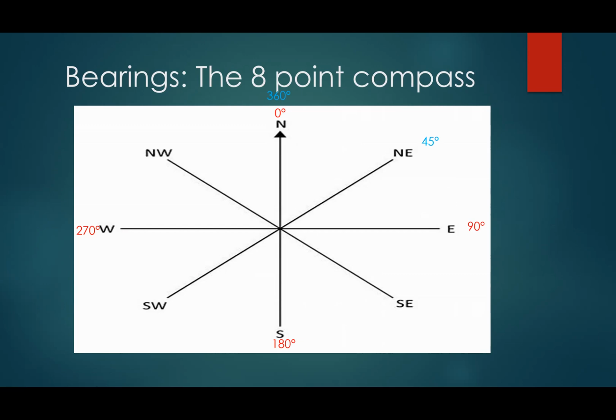So let's go over that again. From north to northeast is 45 degrees. And so for the 8-point compass, we are adding in 45 degrees. 45 degrees plus 45 degrees will give us 90 degrees. 90 degrees plus what? Yes, 45 degrees.